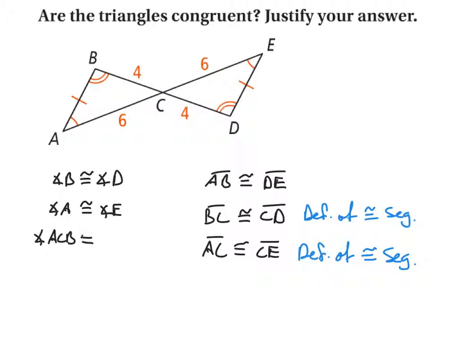That is going to be congruent to which other angle? ECD. These guys are congruent because they are vertical angles. So that's because of the vertical angles theorem. Questions on this example?